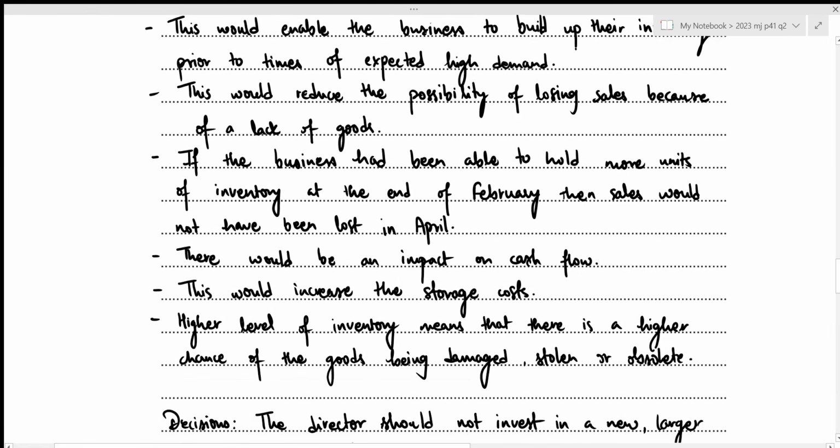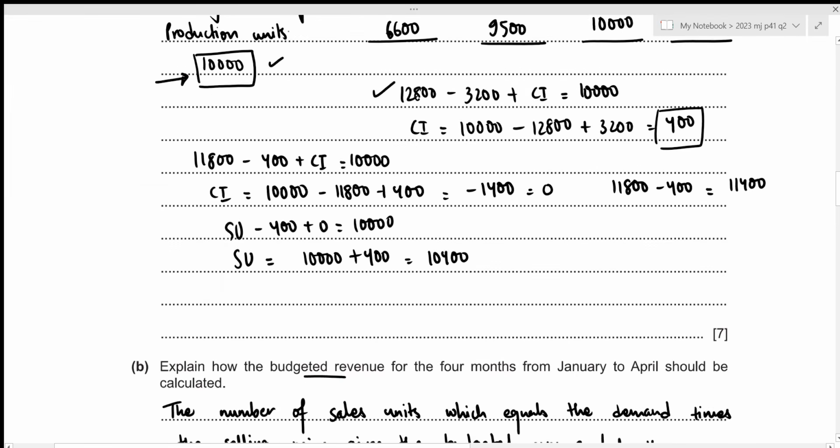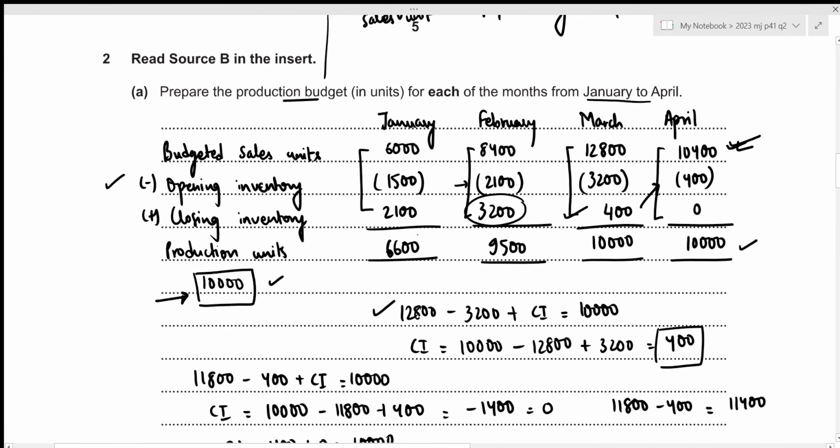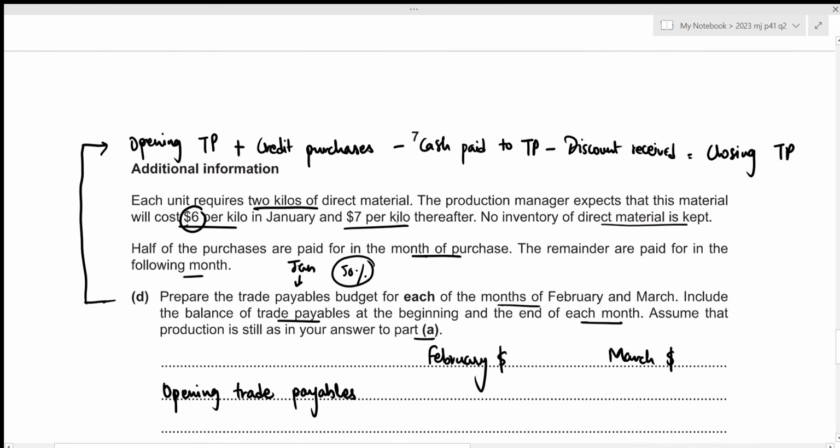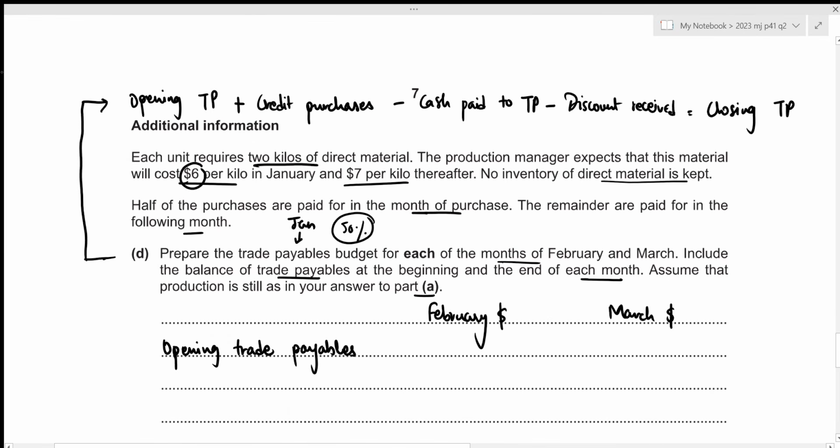So let's have a look at the production units for the month of January. It's 6,600. Let's figure out its corresponding value. So that will be 6,600 times 2, because each unit requires 2 kilos of direct material, and the per kilo rate for our direct material is 6.